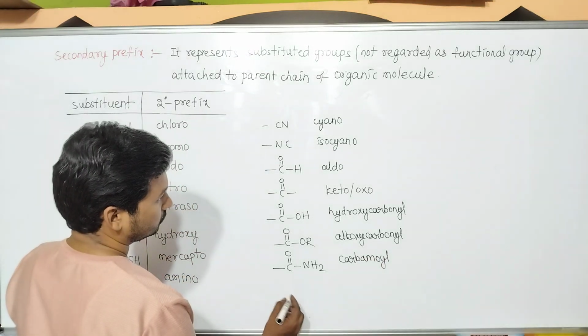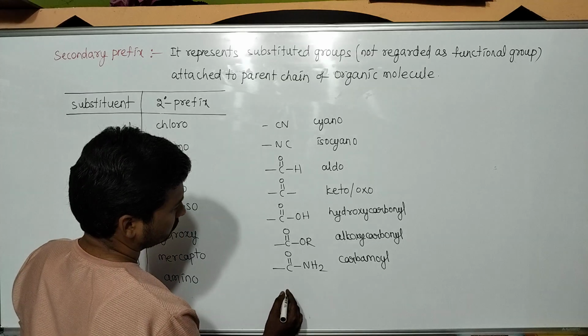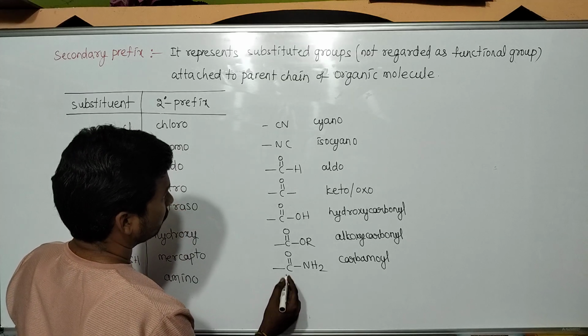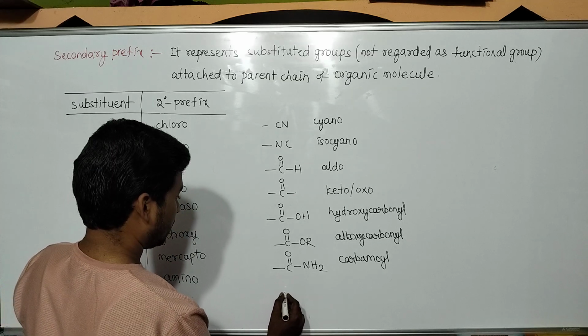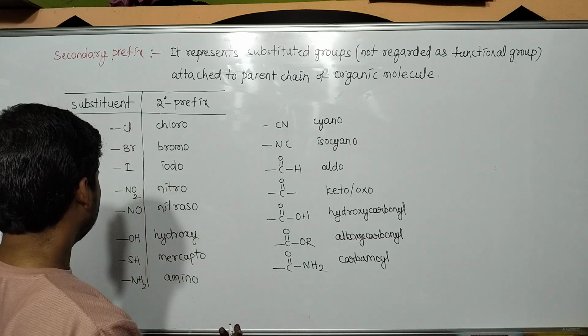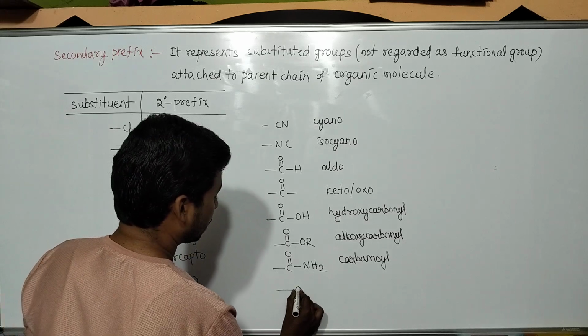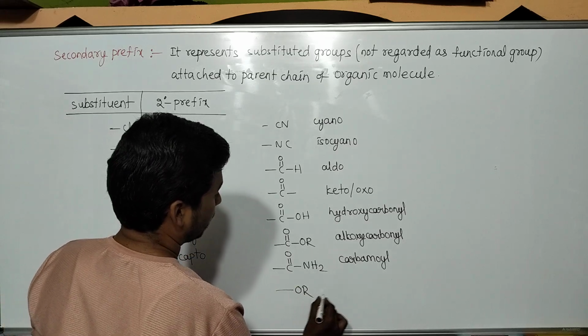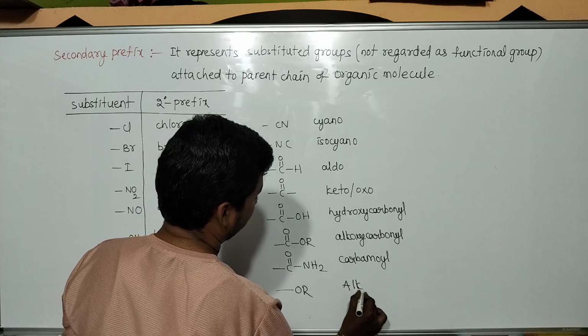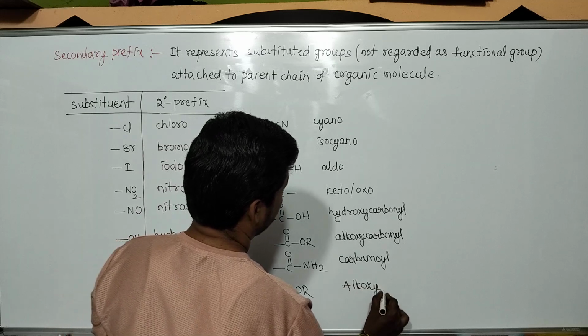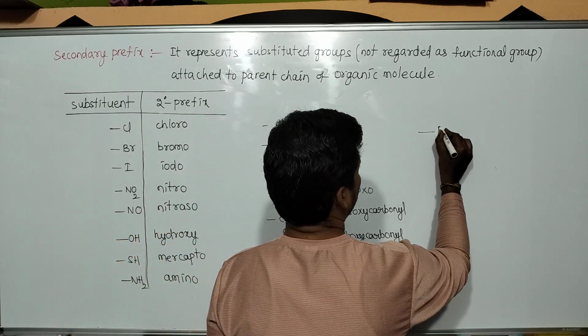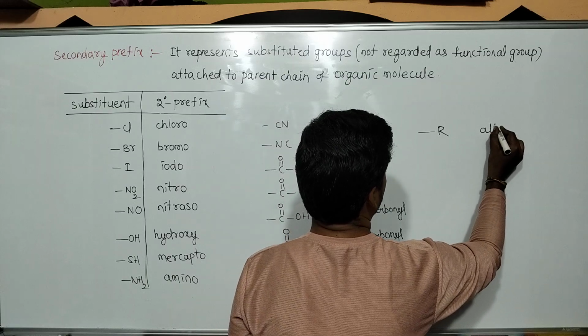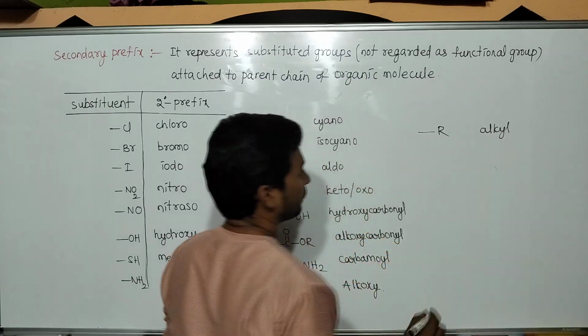If X is substituted, we write halo. If OR is substituted, we write alkoxy. And the last important one, if alkyl R is substituted, we write alkyl.